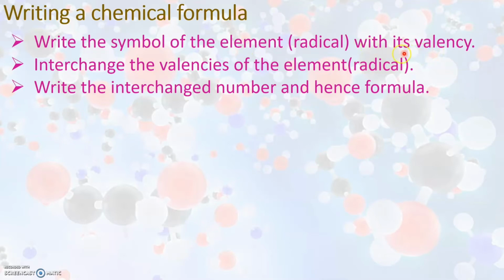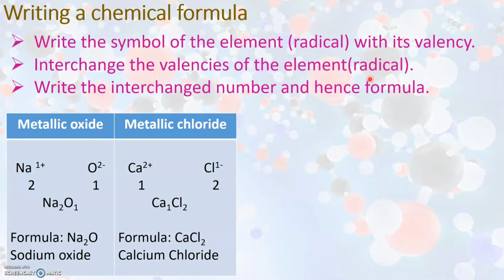And in the next step, we need to interchange the valencies of the element or otherwise the radical. And in the third step, after interchanging, we have to write the interchanged number and hence we will derive at the formula. Now let us understand how to write the chemical formula of various compounds by understanding a few examples.